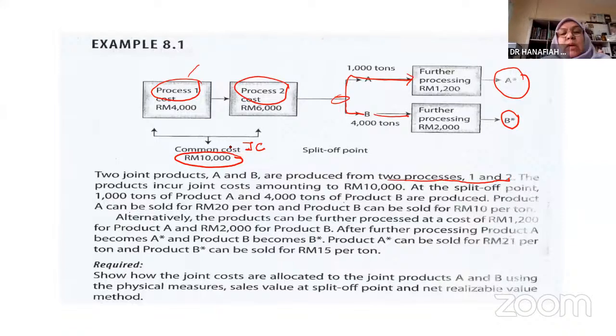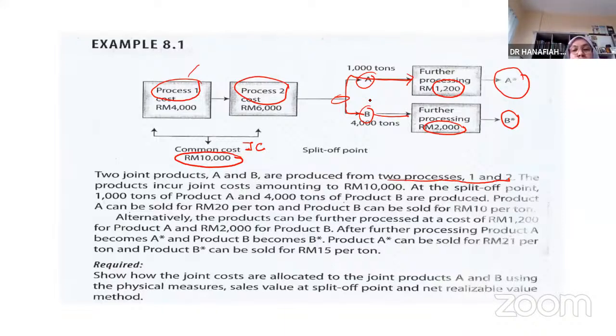Now when I stop here, I want to process 1,000 of A and 4,000 of B. With further processing, I will incur 2,000, and to produce A asterisk, I will incur another 1,200. If not, then I stop at A and B. I produce 1,000 A and 4,000 B, which is enough already.